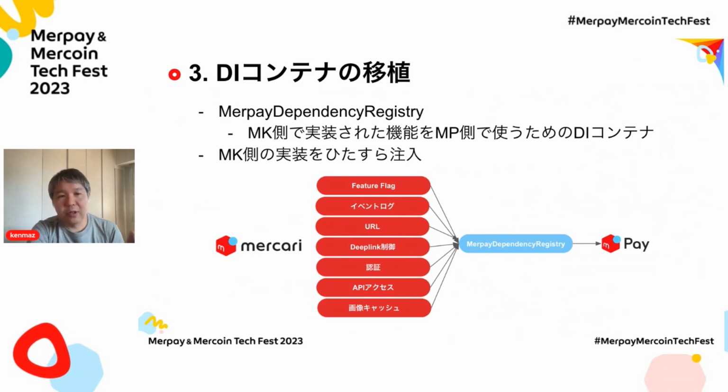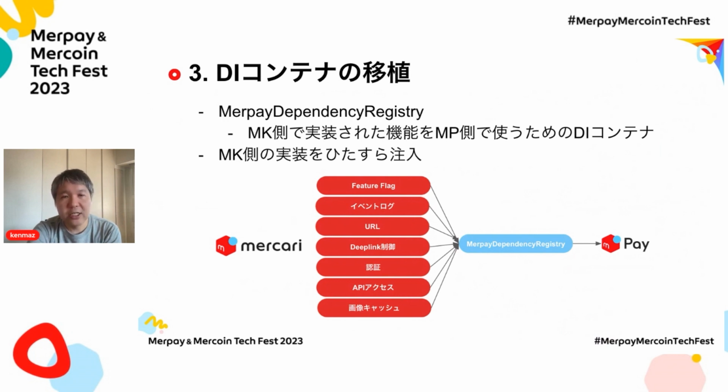Now that we are ready to build, the next step is coding. Merpay has a kind of DI container called Merpay Dependency Registry. This DI container injects the functions implemented on the Mercari side for Merpay to use.